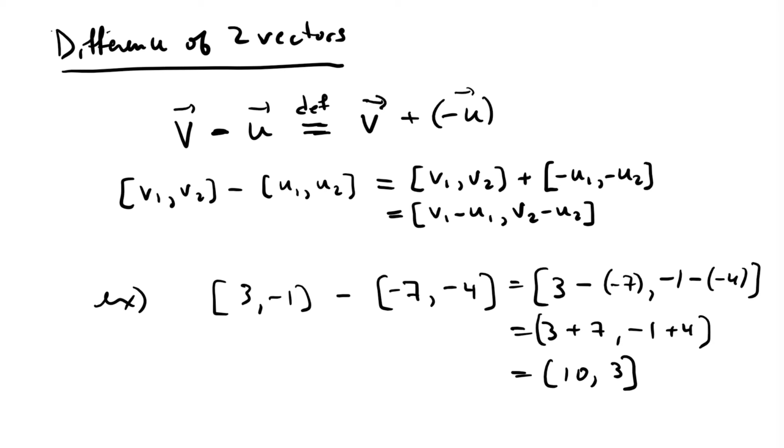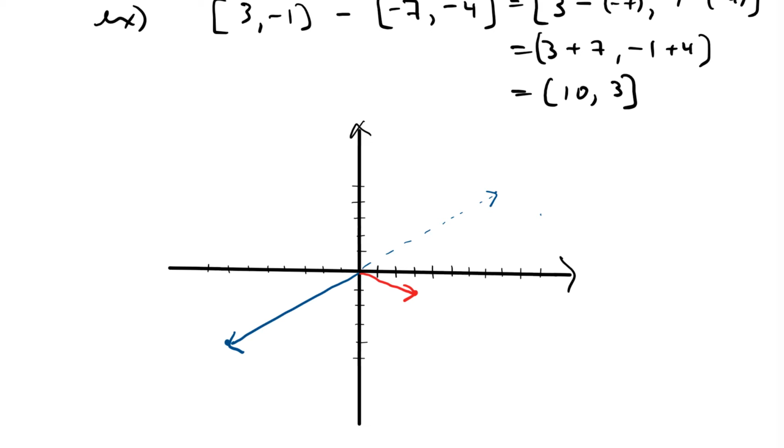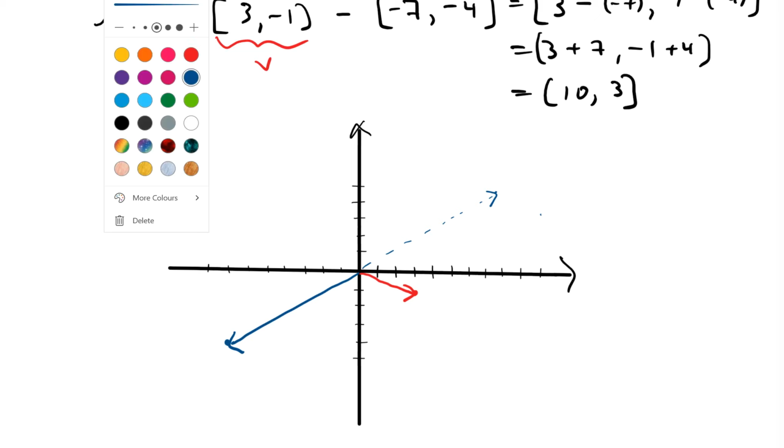All right. Maybe let's illustrate this on a little graph. Let's say this is vector v, and I've drawn it here in red in the Cartesian plane. And let's assume that this is u.